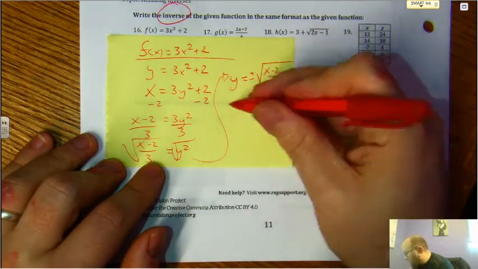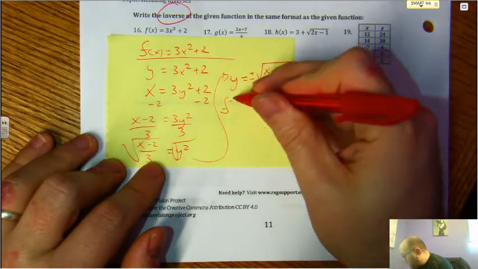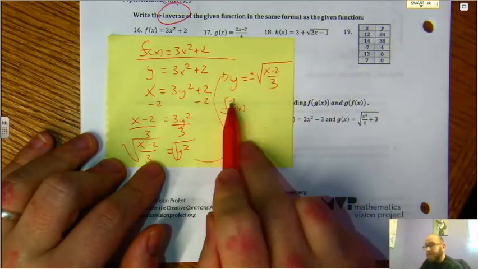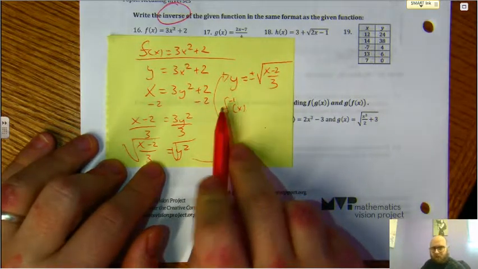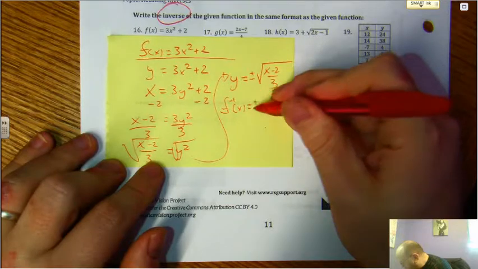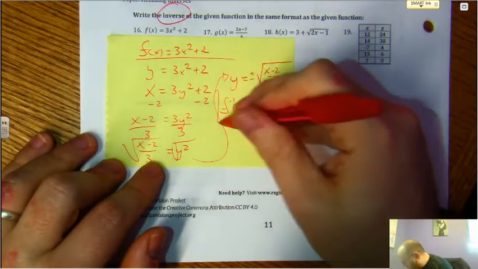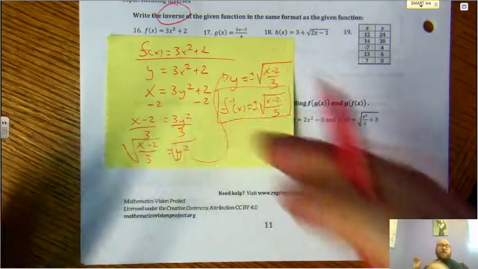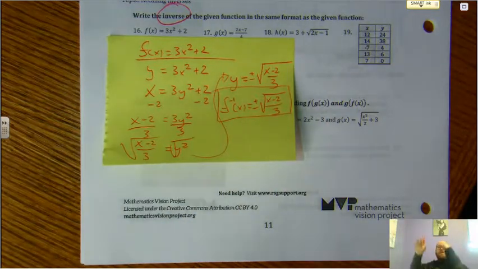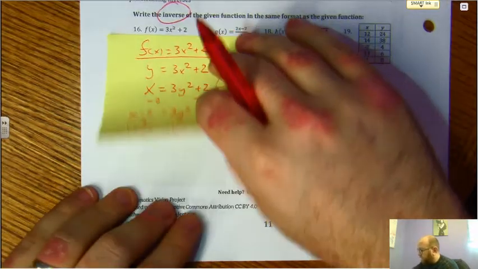And then I would just rewrite this in function notation: the inverse of f of x, f inverse of x, equals plus or minus the square root of (x minus 2) over 3. And I've done it. All I did was swap my x's and my y's and then solve for my new y. That's all that this is asking us to do.